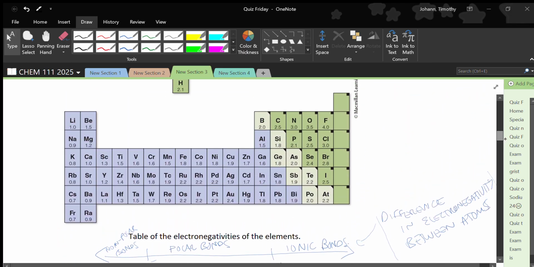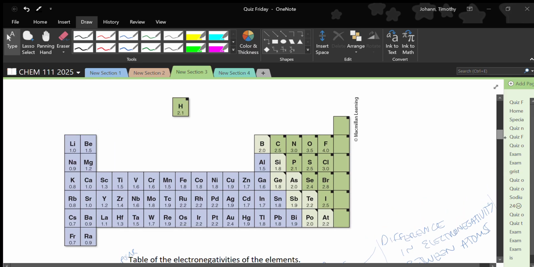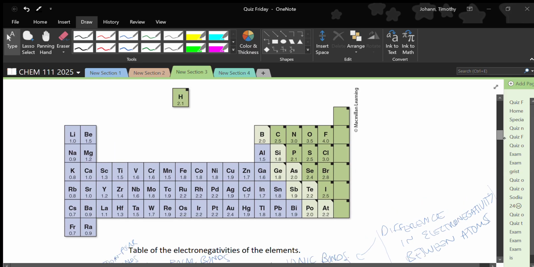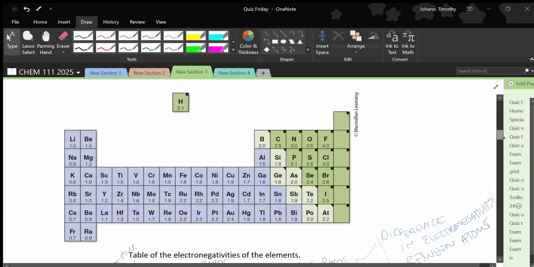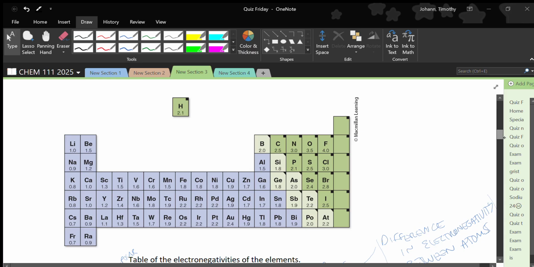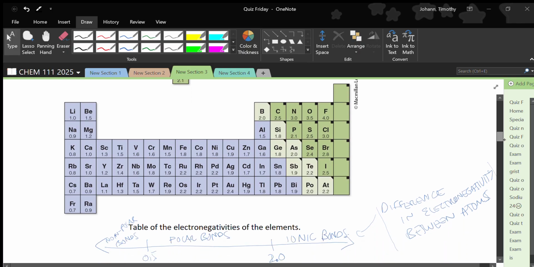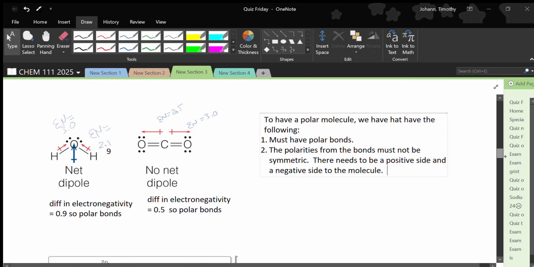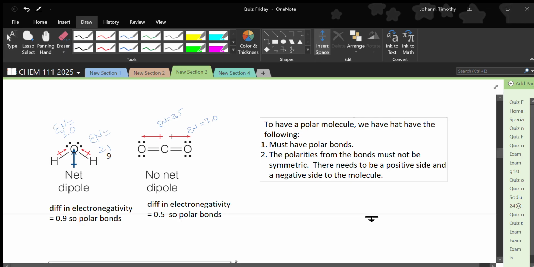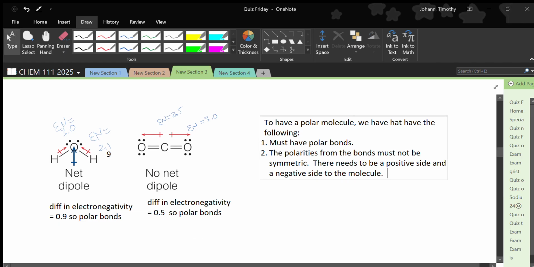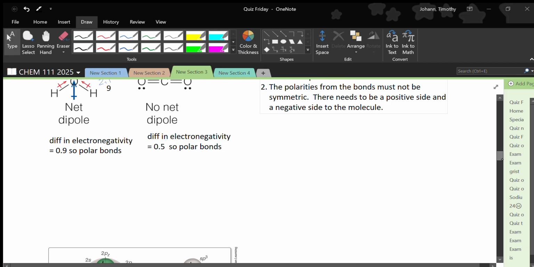Let's look at sulfur. Okay, let's not look at sulfur. Let's look at ammonia is what we're going to do. So if we take ammonia, here's my Lewis dot structure for ammonia.